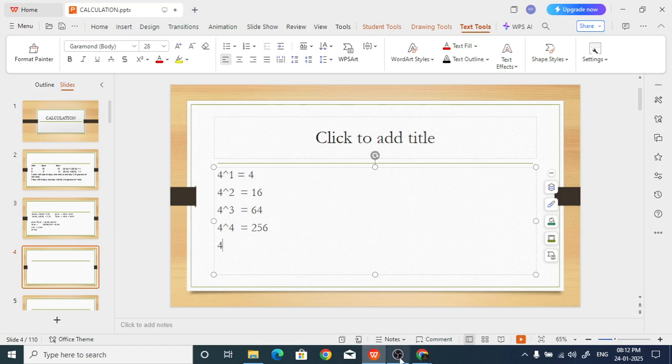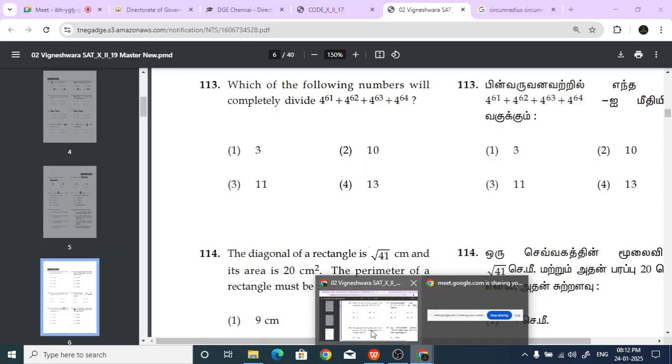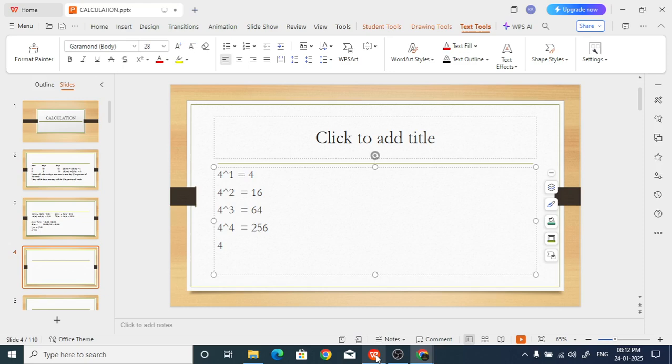So now what are they asking? 4 power 61. It will end with what? 4.